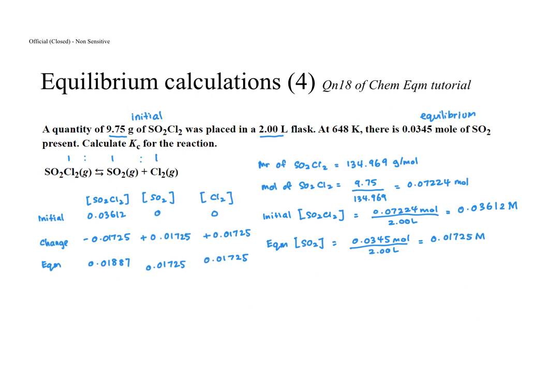Alright, now that we have the equilibrium concentrations, we can calculate Kc. So let's write the expression for Kc. Kc would be the concentration of the products, SO2 and Cl2, raised to the power of their stoichiometric coefficients, which is 1 each, divide by concentration of the reactant, that's SO2Cl2, and also raised to the power of 1.